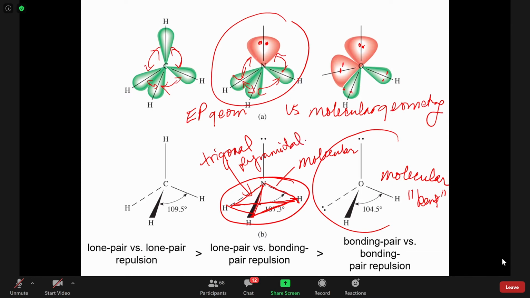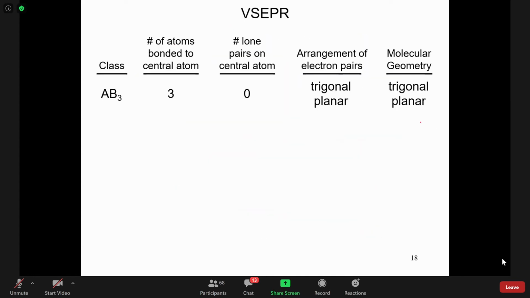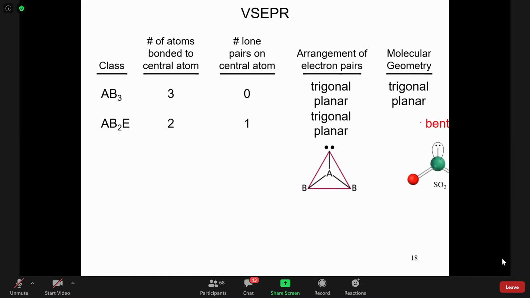So let's move on in terms of the classifications, and hopefully this will become even a little more clear. So here's a good example of a distinction between the arrangement of all the electron pairs.